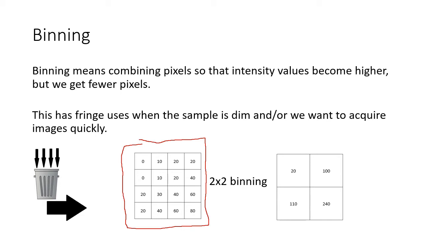Assuming we are applying 2x2 binning, we would take this 2x2 space and sum it together. So this would be 0 plus 10 plus 0 plus 10 is 20. So this becomes a new pixel here. Similarly, for this 2x2 space we would have 20 plus 20 plus 20 plus 40, so this becomes 100, and this becomes a pixel here. Then this process is repeated all over the picture.